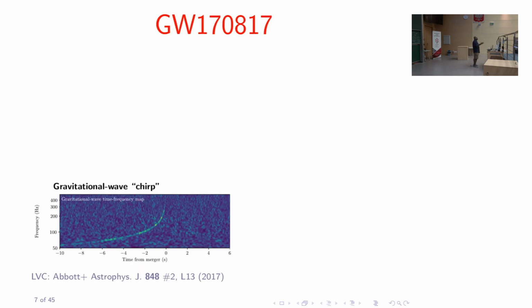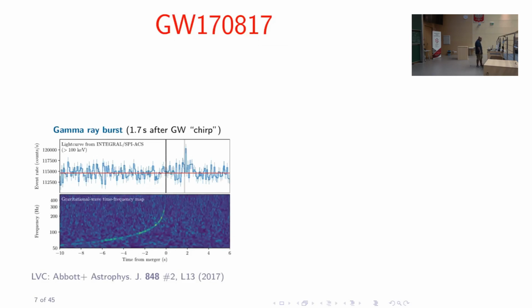But what happened 2 seconds after that really told us that we are observing neutron star mergers, because about 1.7 seconds after the gravitational wave chirp ended, we observed a gamma ray burst, which essentially came from the material that the neutron star is composed of.